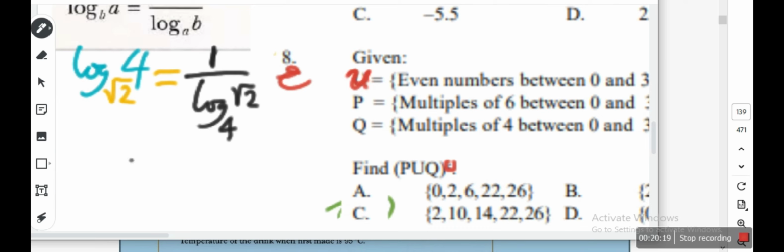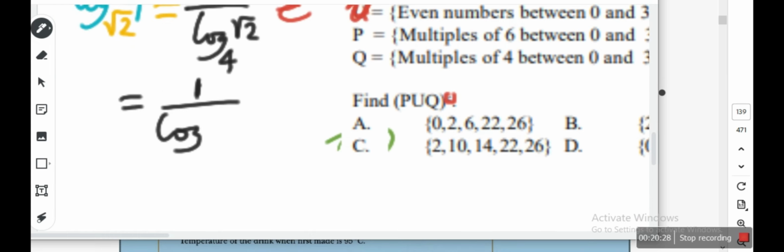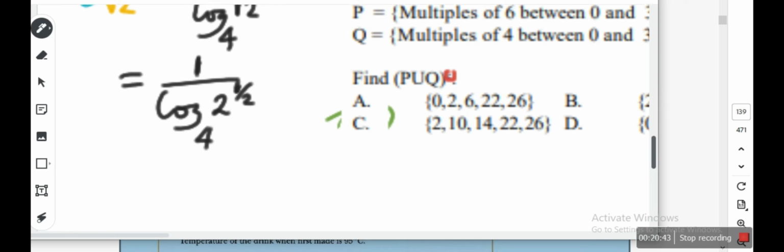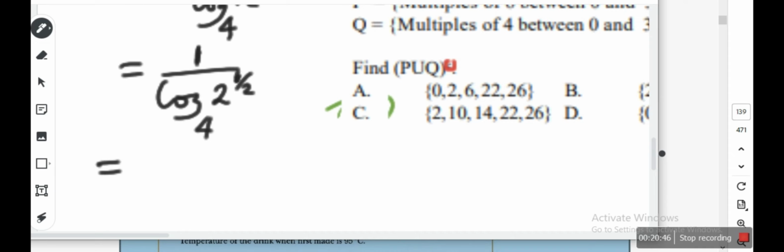Are you ready? Yes. Okay, this is the same thing as saying 1 over log root 2 in base 4. Root 2 is 2 raised to the power half, right? Yes. So we're just simplifying 1 over log 2 to the half in base 4.